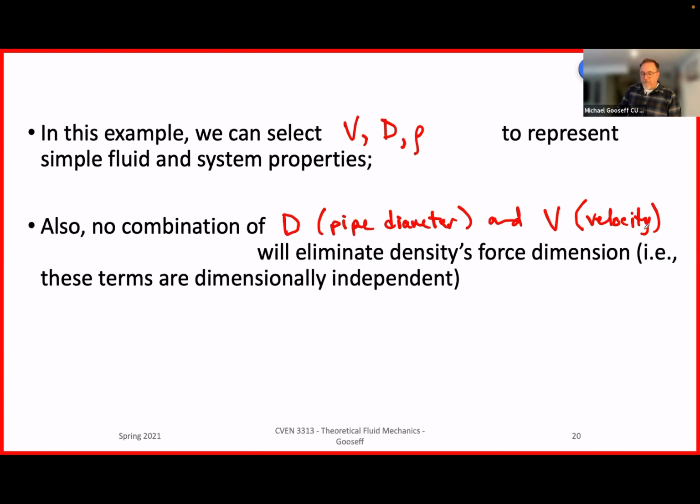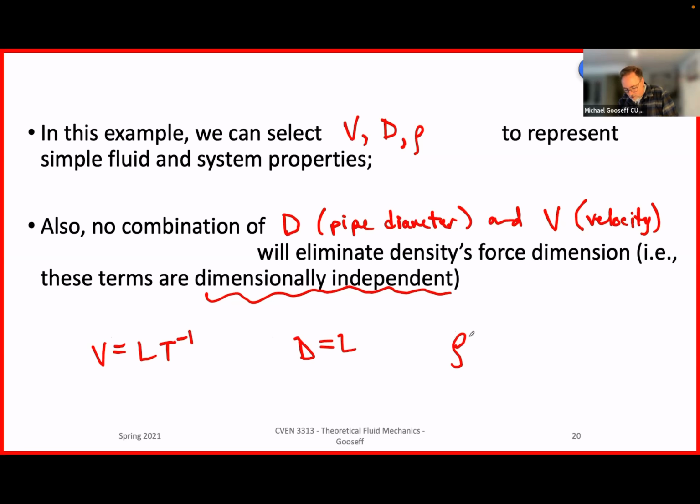So that means that these are dimensionally independent, and that was key. That was something we said on the previous slide. One of the bullets was they had to be dimensionally independent. So remember, V is in length per time, D is just dimensions of length, and rho is dimensions force, length to the -4, T to the -2.